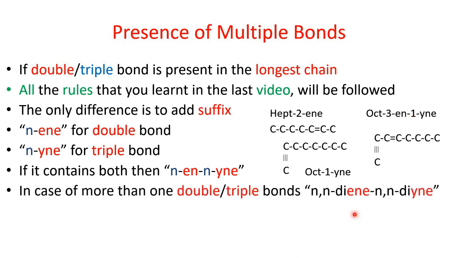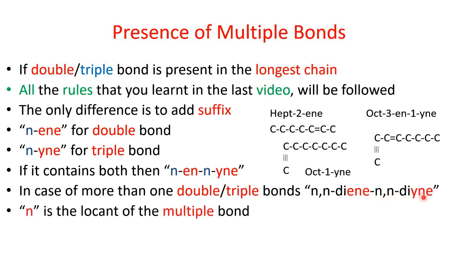In case of more than one double or triple bond, you will have to repeat the locant, that is "n, n", and also add the prefix that shows the multiplicity of the double or triple bonds. For example, "n,n-diene" or "n,n-diyne". N is always the locant of the multiple bond.